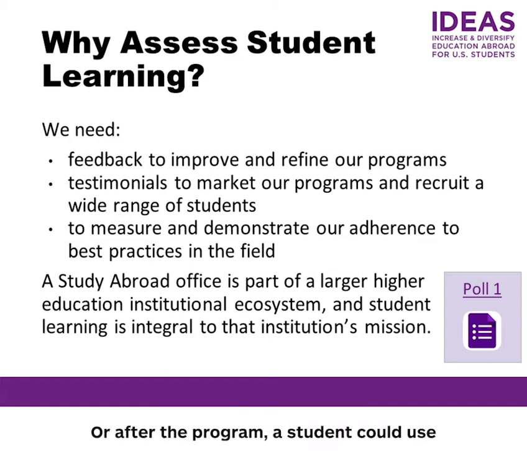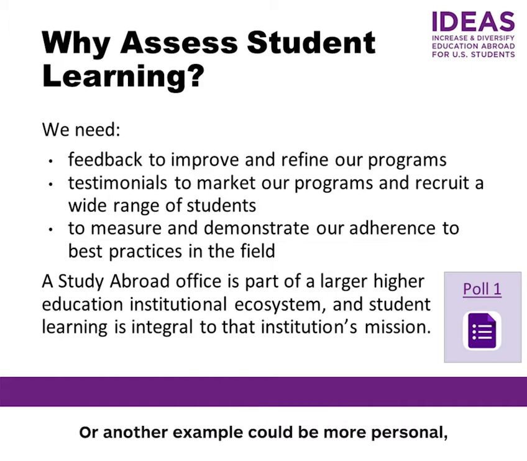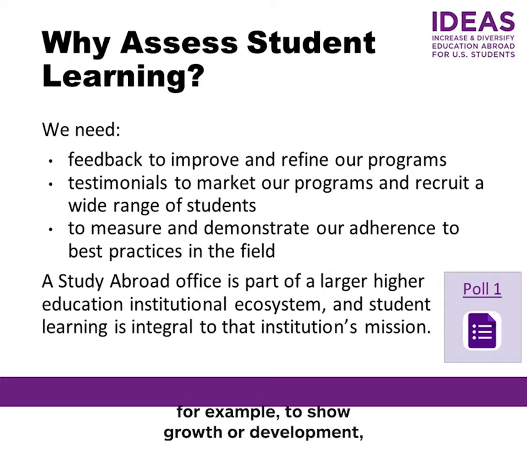Or after the program, a student could use appropriate communication styles of the host country to engage in formal debate. Or another example could be more personal, to show growth or development, such as the student demonstrating they're able to describe their own cultural biases.